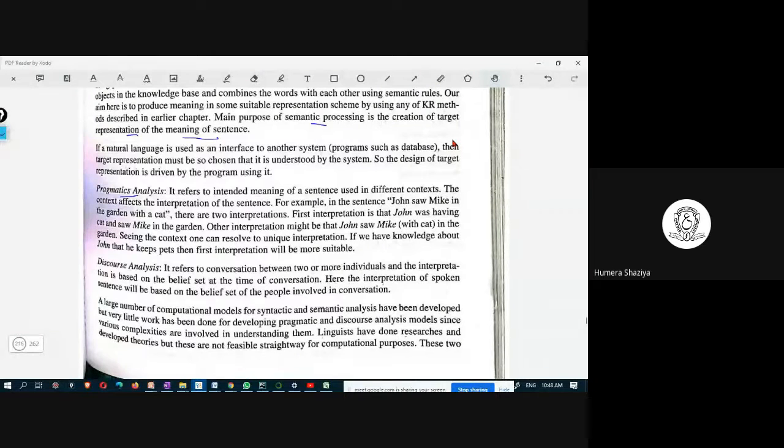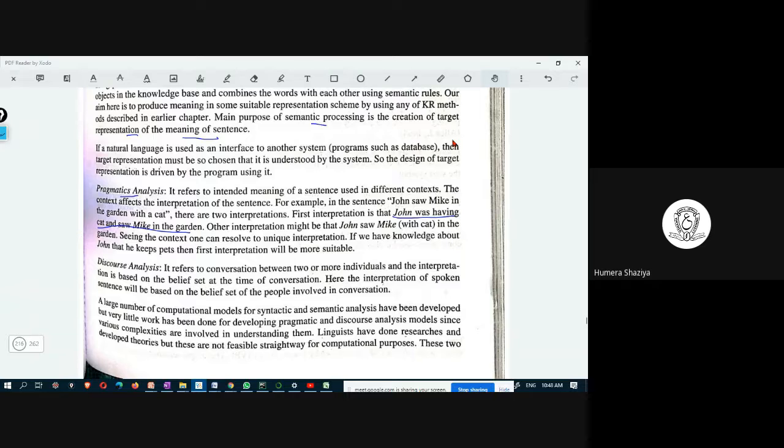For instance, John saw Mike in the garden with the cat. There are two interpretations. The first interpretation is John was having a cat and saw Mike in the garden. This is the first interpretation. The second interpretation is John saw Mike with a cat in the garden.